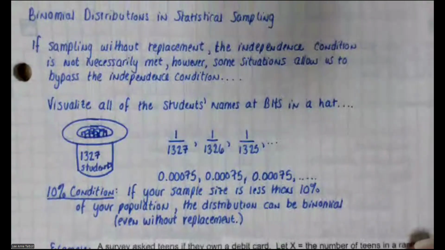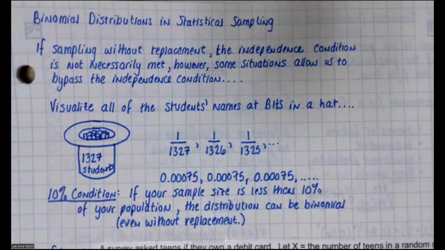What do you know? Read this again. This is also important to what we're learning now. If sampling is not replaced, the independence condition is not necessarily met. Good. However, some situations allow us to bypass the independence condition.